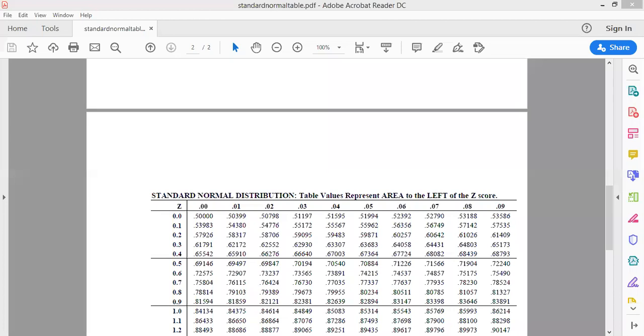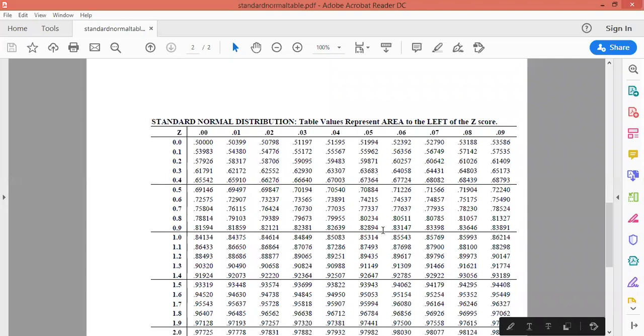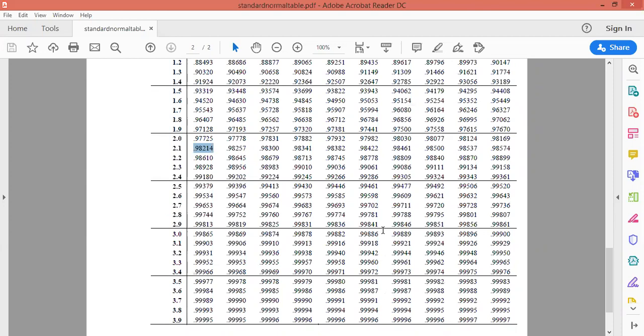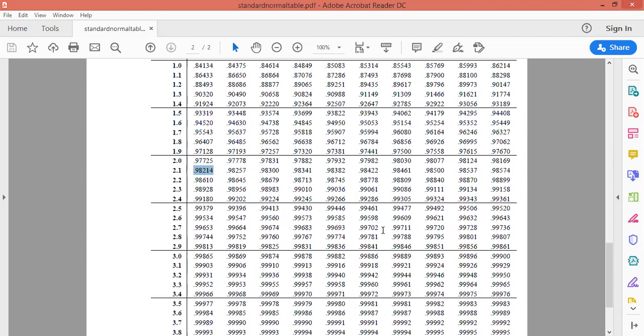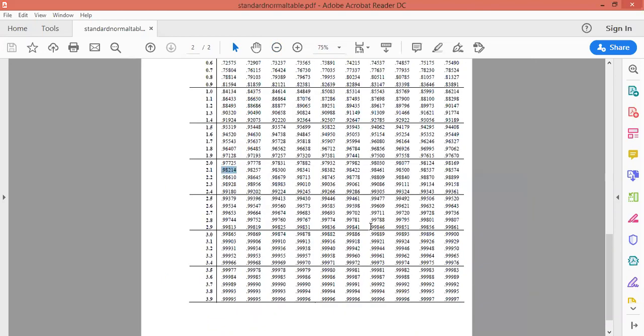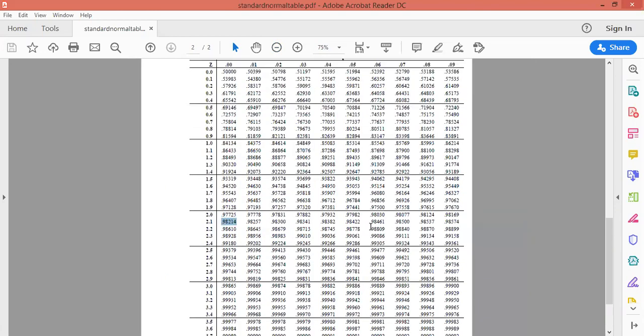That is my table 4. I hope you can see that. Area under normal curve. We have to locate 2.49. So let me bring it here so you can see it comfortably. Let me do it like this so that at one glance we have it.